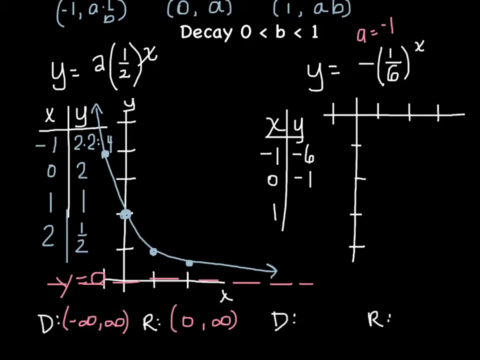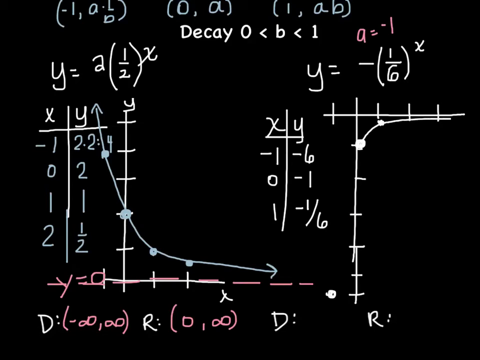And I'm going to plot x equals 1. If I plug in 1, I'm going to multiply a times b, so negative 1, 6. So if I plug this in, let's extend this graph a little more, I have 1, negative 6, 0, negative 1. Notice again my a is going to be my y-intercept, and 1, negative 1/6.